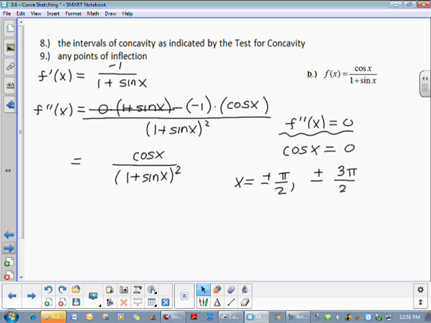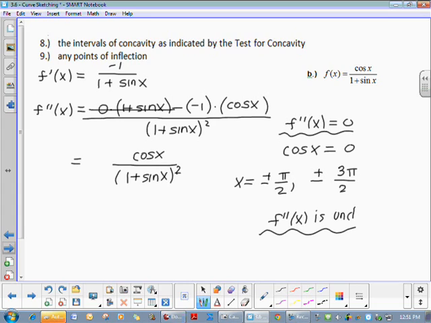I guess that also means that we should be at least entertaining the possibility of critical numbers for the denominator. Well, once again, 1 plus sine of x would equal 0 in this case as well. So when the second derivative is undefined, we can pretty much rely on the fact that it's going to be at this particular stage.